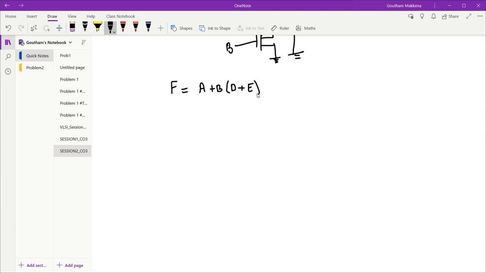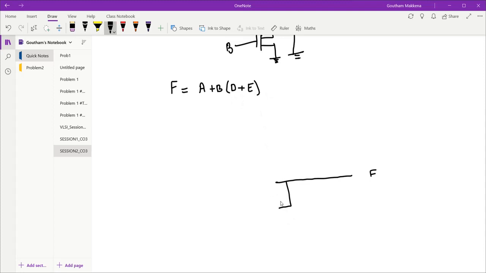This example has a lot of variations. Now let me first come up with the pull down network. So this is my F, the pull down network. See, the A is being ORed with B and something else.